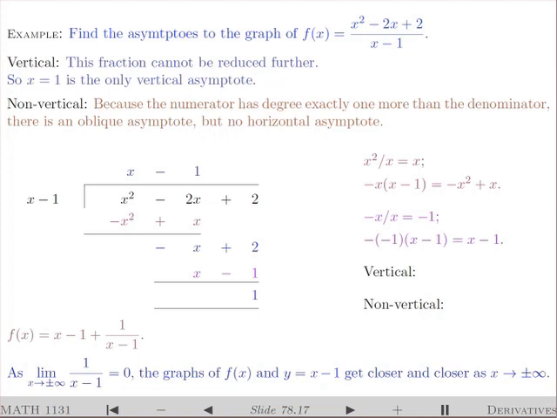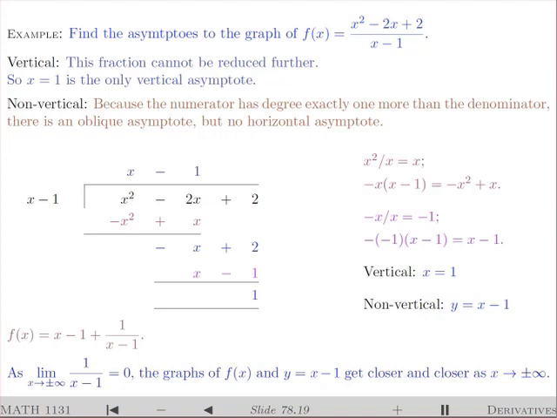Because the quotient is linear, the graph is a straight line. The graph of the function f of x approaches the graph of the straight line y equals x minus 1 as x goes to infinity or negative infinity. And that's precisely the definition of the slant asymptote. This explains why you can find slant asymptotes of rational functions by doing long division and taking the quotient.